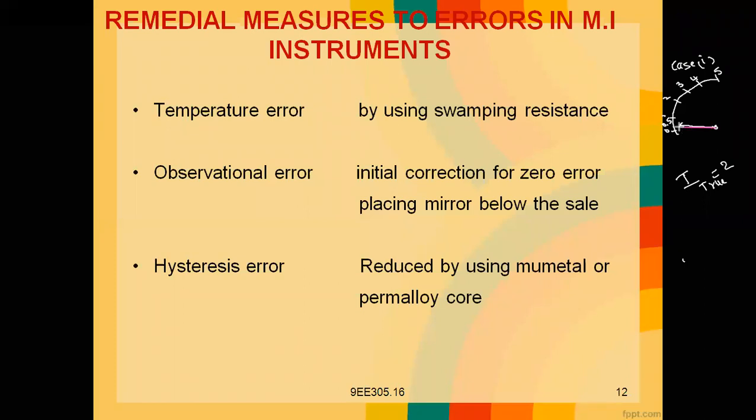The pointer is already at 0.5. When I connect it to the circuit, it should have shown 2, but instead of 2, it will be showing 2.5.